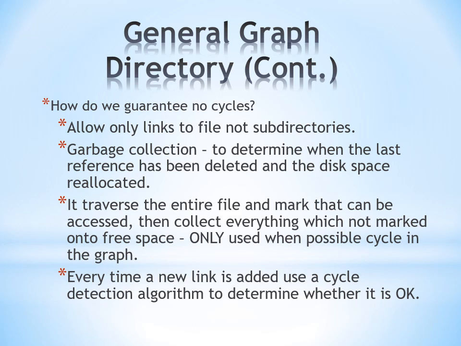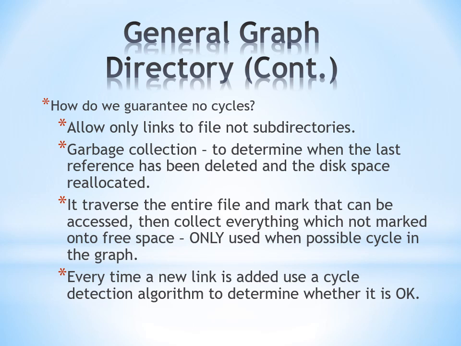So the user who accesses the file will have garbage collection of data, because they're not reading the updated data. It traverses the entire file system and marks what can be accessed, and it collects everything which is not marked onto the free space. It is only used when there is a possible cycle in the graph.